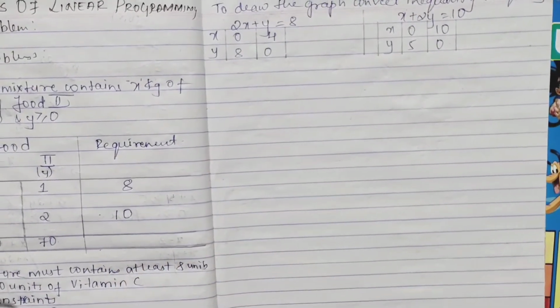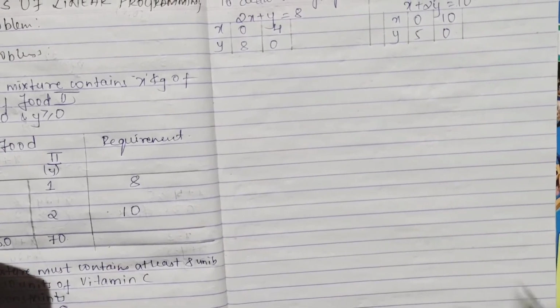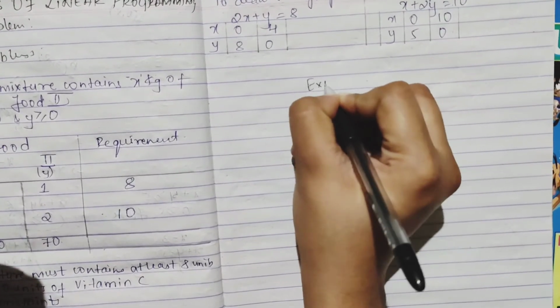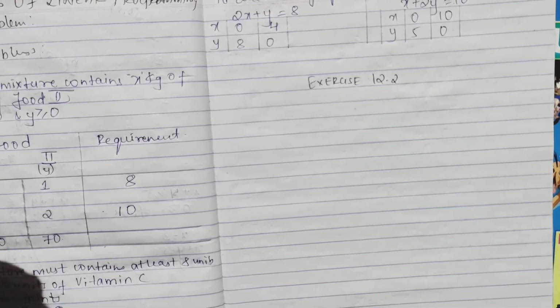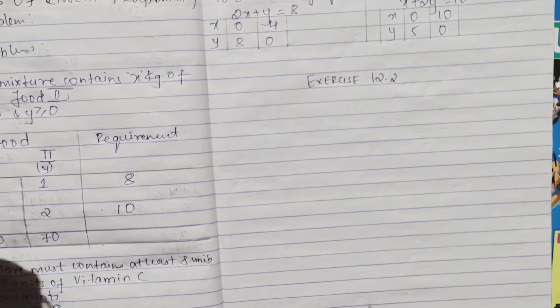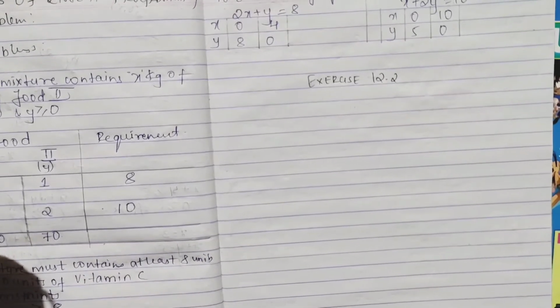Main thing is, in your 12.1 there was just drawing the graph, so that was very easy for you. Here you will find it a little bit difficult, because you have to write the mathematical formulation and then you have to solve it.